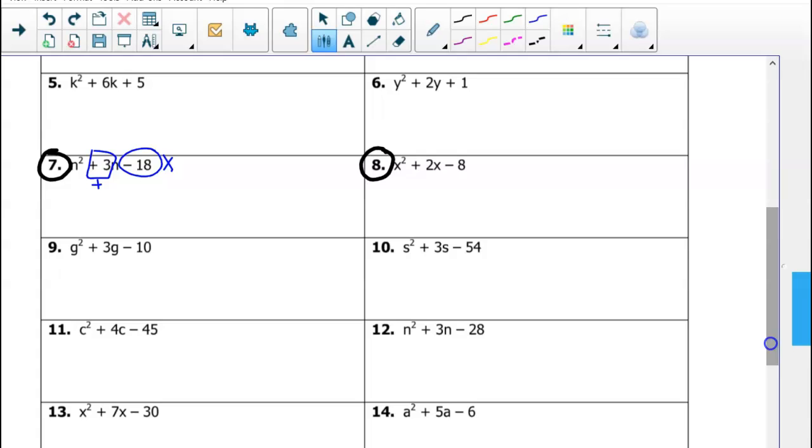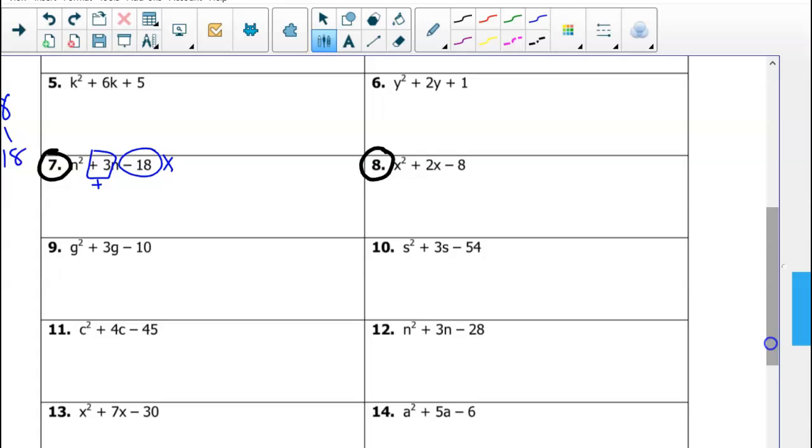The only way we can end up with a negative is if one of them is negative. If both of them are negative, it would be positive. So I'm just going to write out the factors of 18 first, and then we'll look at the negative aspect of it.